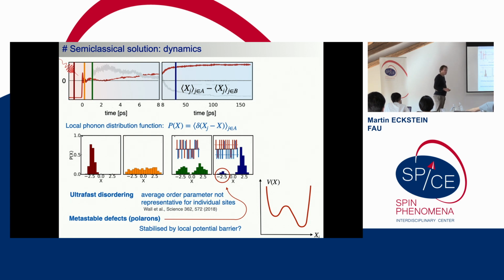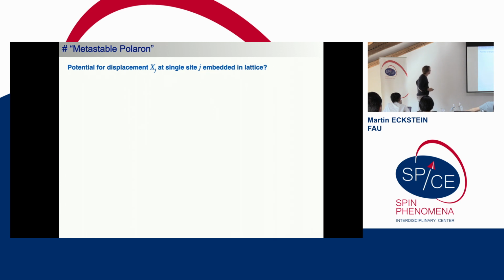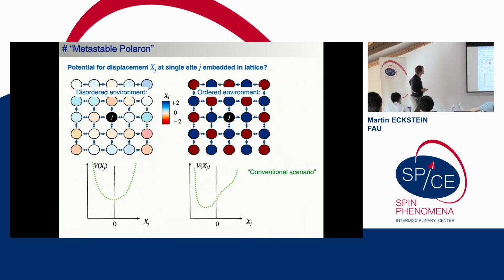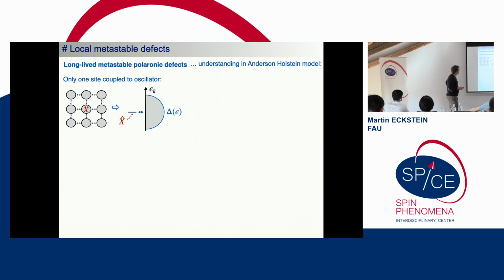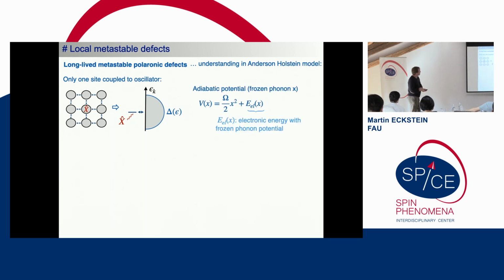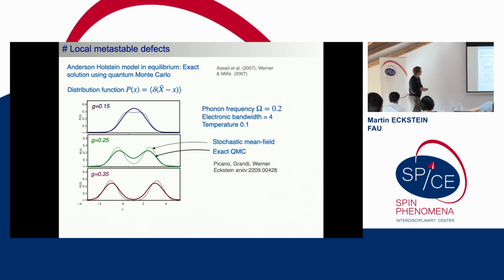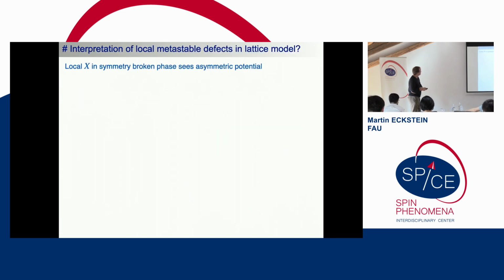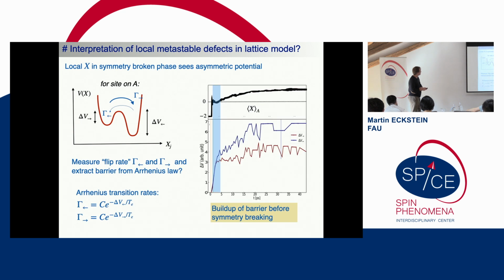And now I guess my time is up. If you want to know more about a more precise discussion of this mechanism, we can discuss, because as I said, one wrongly displaced site can actually form a local metastable defect. So it's this local stable defect here. Let me rather leave the time for the discussion.